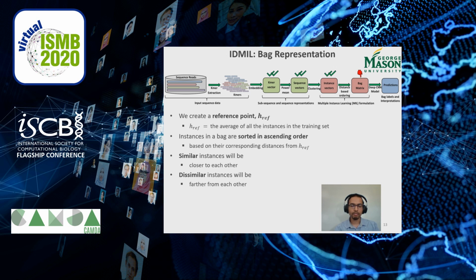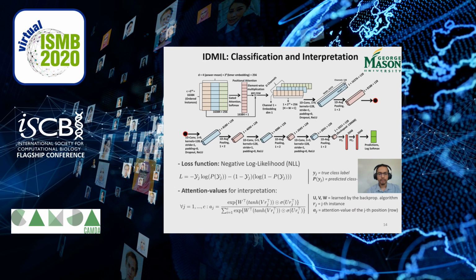That means if we create a matrix based on this ordering, similar instances will be closer to each other and dissimilar instances will be further from each other. This directly exploits the triangle inequality of the distance metric, and it creates a locality within the instances, which in turn creates the premise for our convolutional operation, which will be used later. So this is the classification part of IDMIL.